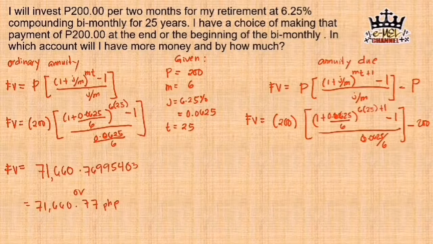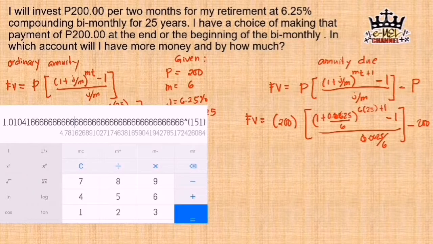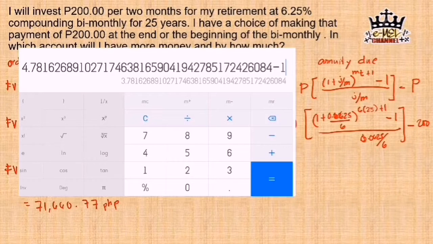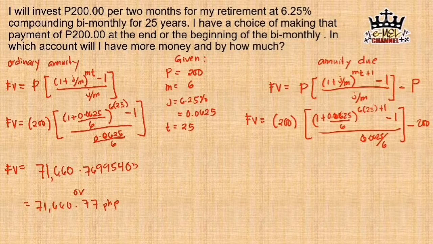Then press x to the y, which means raised to the power. We know that 6 times 25 is 150. Add 1, that is 151. The answer is 4.78162689 and so on. Then subtract 1. The result is 3.7816268910 and so on.